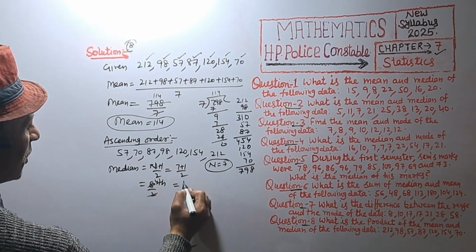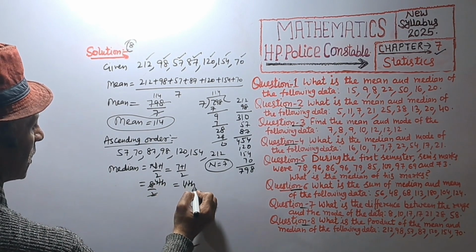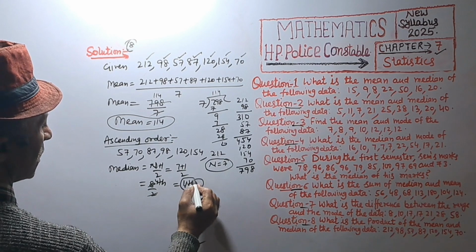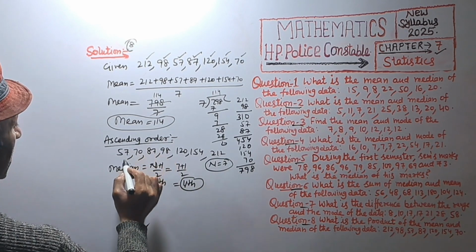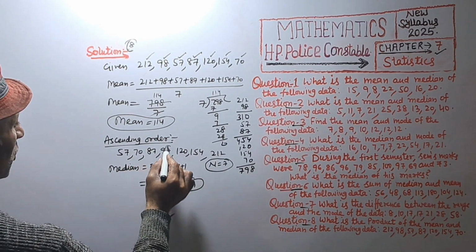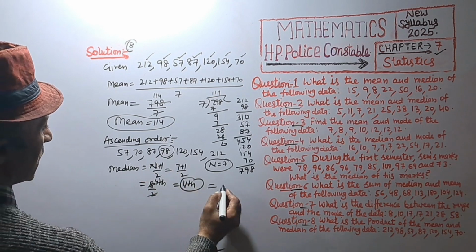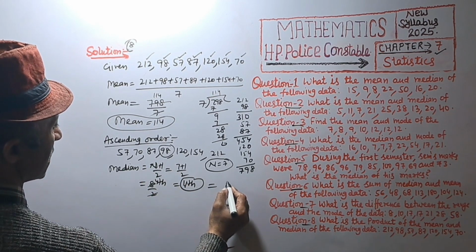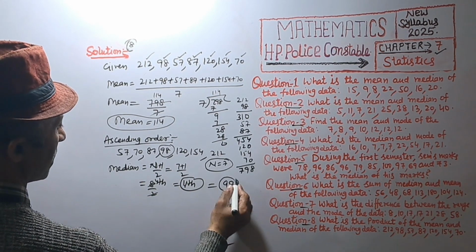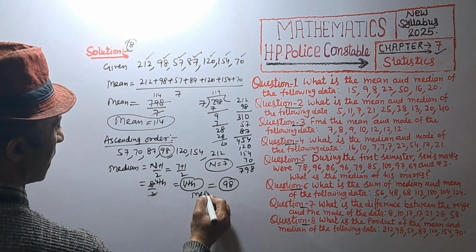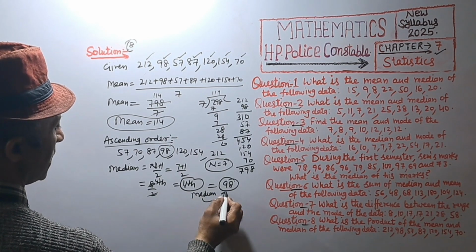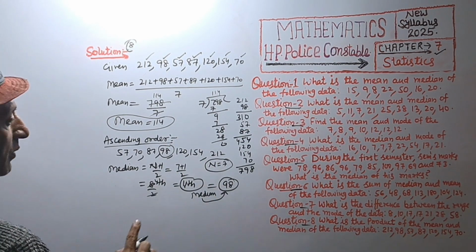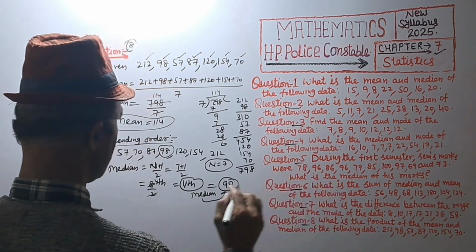Fourth term. Fourth number is 1, 2, 3, 4. Median is 98. And we find the product of mean and median.